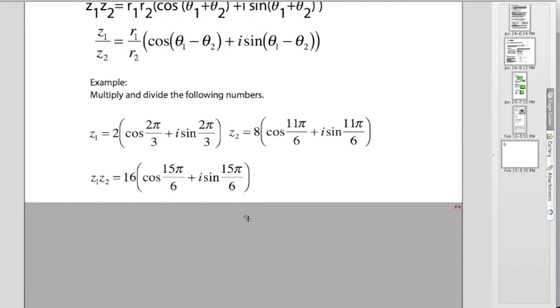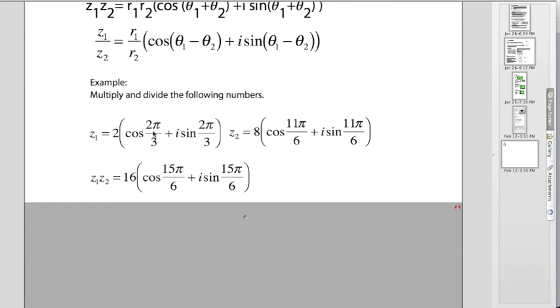Now to do the division, you have to be very cautious. I want to divide z1 by z2. So that means that 1 is going to be on top and 2 is on the bottom. That's a big deal because if it were z2 divided by z1, then my values would be very different. Okay, 2 divided by 8 is 1/4.